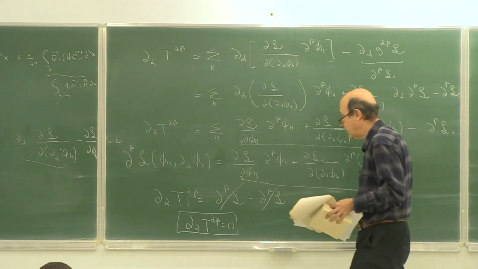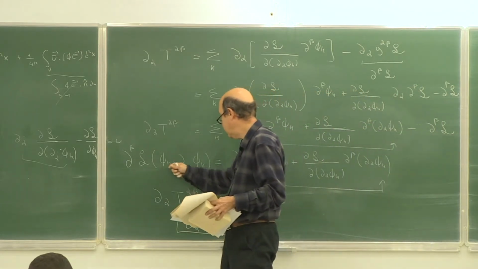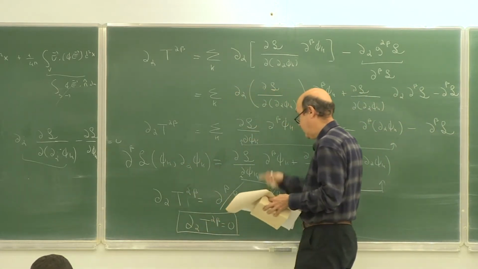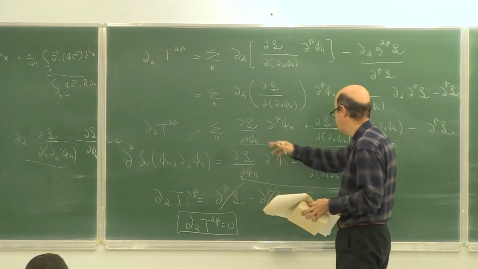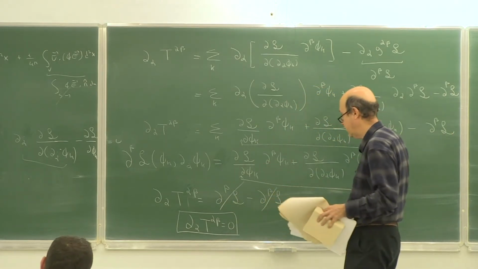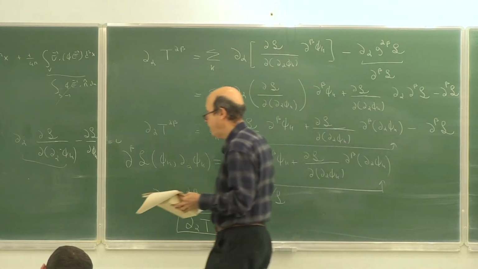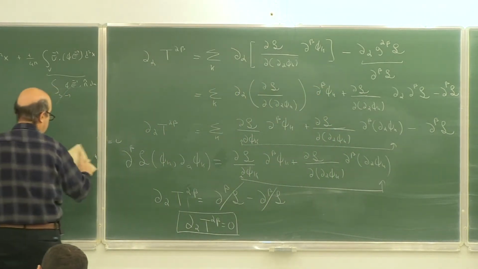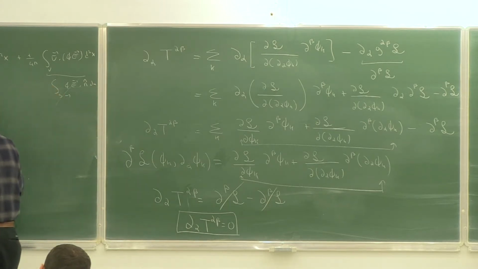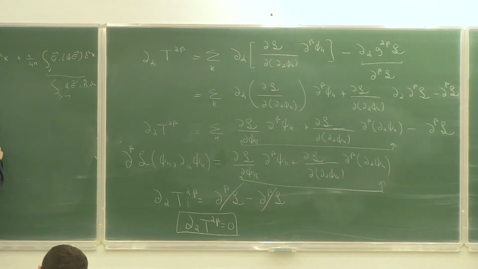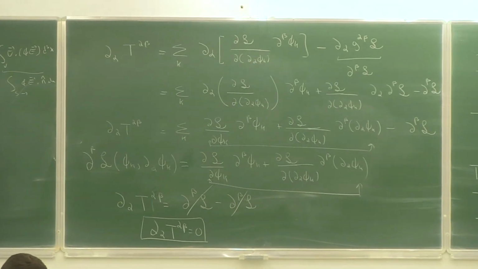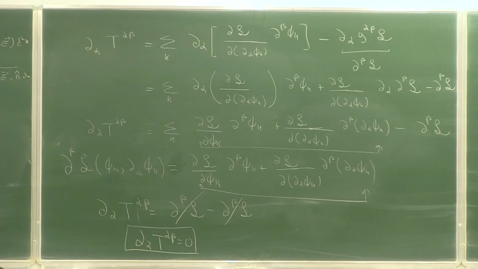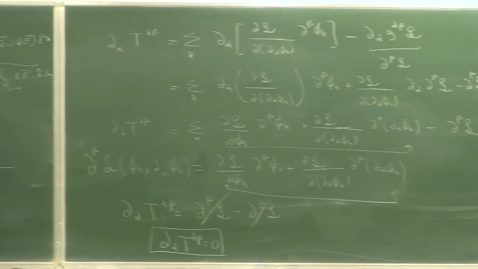For any Lagrangian density which depends on the fields and the field derivatives, if you take the derivative of those, this whole bunch is equal to 0. This is important because it gives conservation laws, which we will see in a moment. So del alpha T alpha beta is equal to 0.